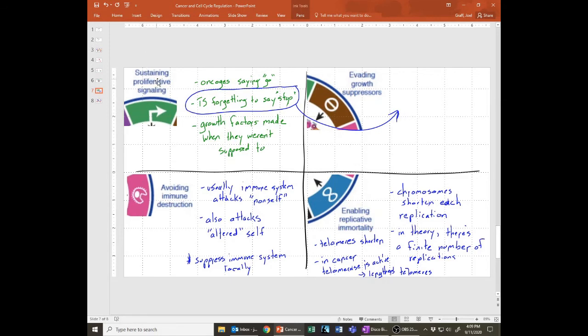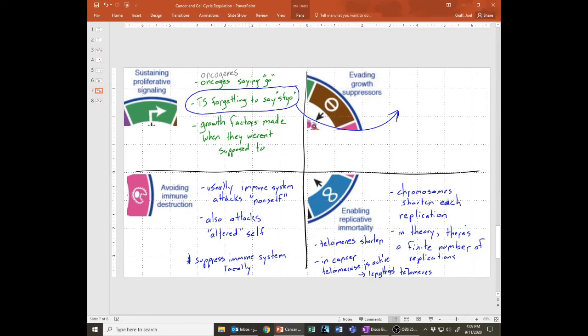So sustaining proliferative signaling, this is when you can, it's supposed to be oncogenes that are always saying go. That could happen, and you'd sustain proliferative signaling.